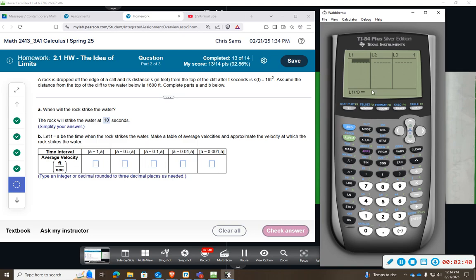So we're going to do 10 five times. We're going to go over, and then we're going to be at 9, at 9.5, and so forth and so on, because we're getting closer to that 10.